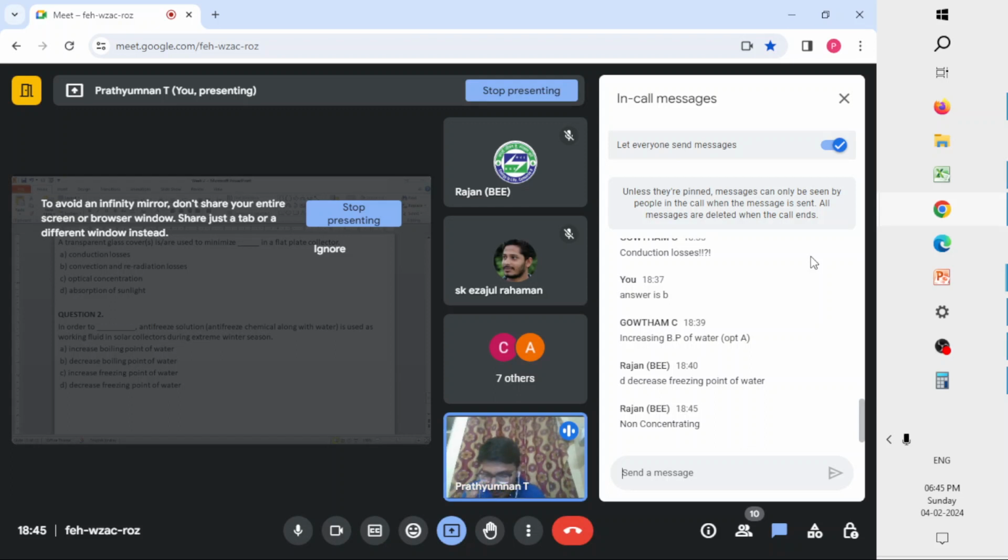So our flat plate collector is a non-concentrating one. Here it's just a flat plate, and we do not have any provision to concentrate the sunlight. For example, around week 4 we will be discussing concentrating solar collectors, where we will be using parabolic or cylindrical curved structures for concentrating the sunlight.